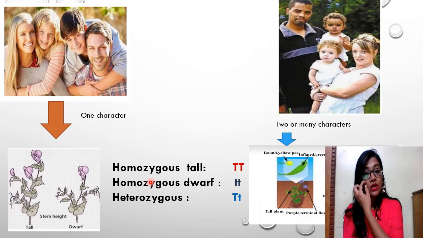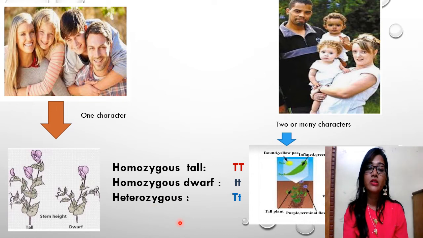Homozygous, heterozygous, if you remember the earlier session, these terms are very important. The homozygous tall plant contains capital T genotype. Homozygous means similar. A homozygous tall plant is a pure tall plant.